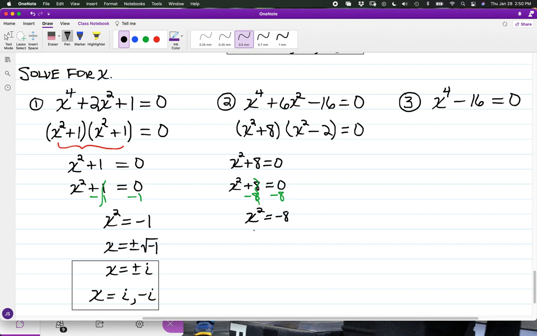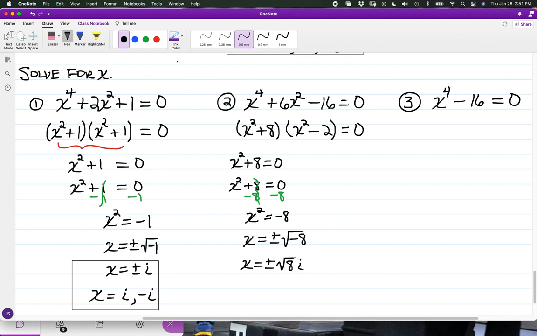And again, utilizing the square root property of equality, we have x is equal to plus or minus the square root of negative 8. And right now we have x equal to plus or minus the square root of 8 times i.